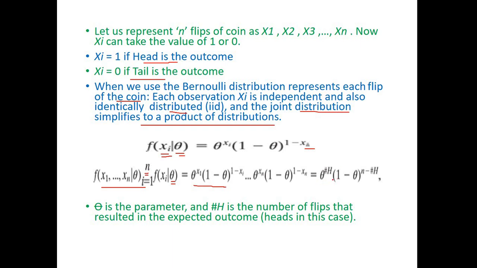This is equal to theta power h into (1 minus theta) whole power (n minus h). Here h is the number of flips that resulted in the expected outcome, that is the number of heads in this case. Theta is the parameter. This is how we calculate the joint probability distribution for the outcomes x1 to xn given the parameter theta.